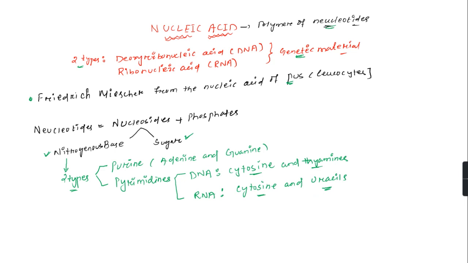Now we have discussed the bases. Now let us discuss sugars. The naturally occurring sugars in DNA and RNA are of two types.